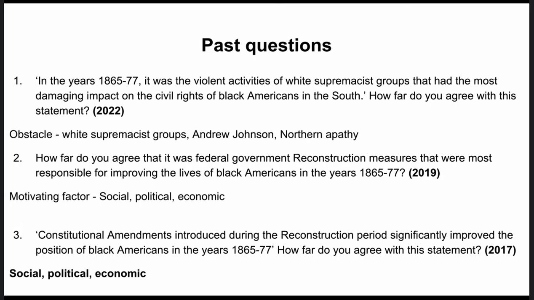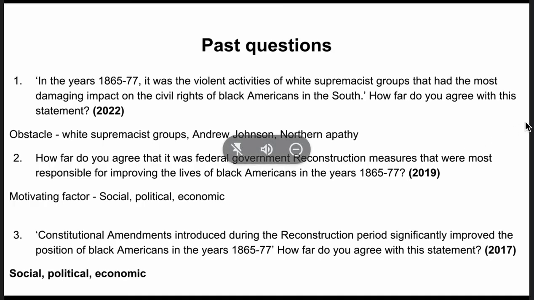And then finally, this is from 2017: constitutional amendments introduced during the Reconstruction period significantly improved the position of Black Americans in the years 1865 to 77. How far do you agree? I would suggest doing social, political, economic, and then under each of those headings, how far did the amendments, and I think you can talk about other things as well that were subsequent to those amendments, like the Enforcement Acts, the Civil Rights Acts.